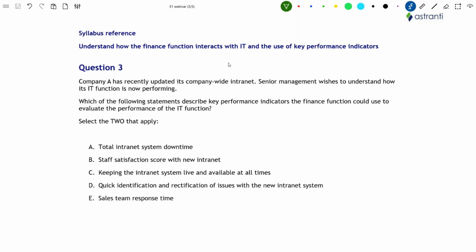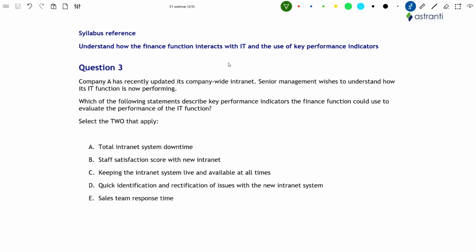Now, depending on the size of the organisation and its procedures, the finance function may be involved in helping to generate KPIs for these areas, collect data relating to the KPIs, analyse this data, and communicate the insights back to the specific area and/or senior management. So for your exam, it's important you know what KPIs are and how they're used. And again, there's something that comes up a few times on the E1 syllabus, so definitely something worth studying.